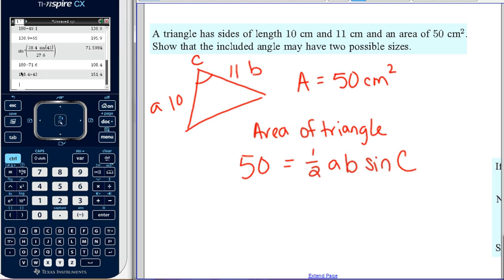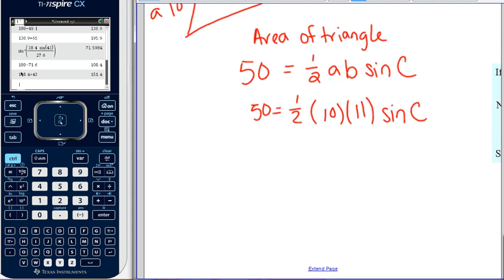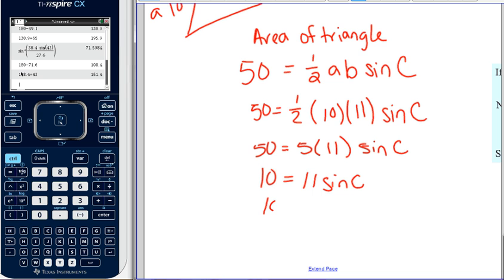So 50 is going to be equal to 1/2 times 10 times 11 times the sine of angle C. So if we divide by 5, we've got 10 equals 11 sine of C, and 10 over 11 is equal to the sine of C. Okay, and then we'll do sine inverse of 10 over 11.